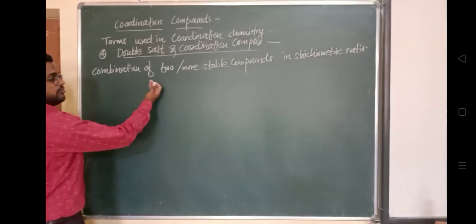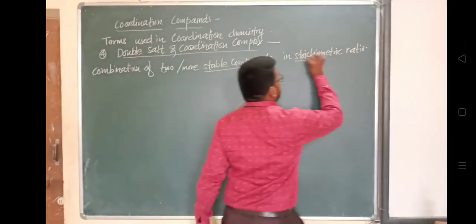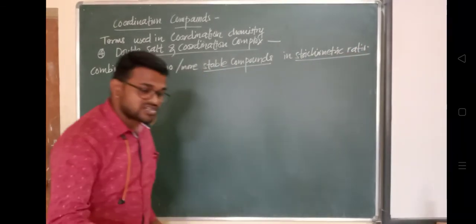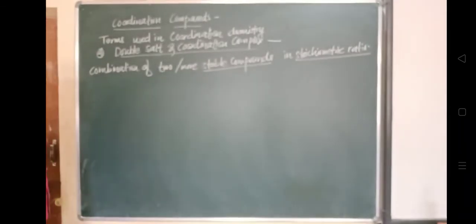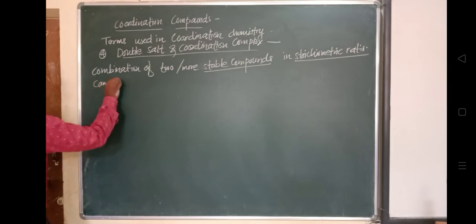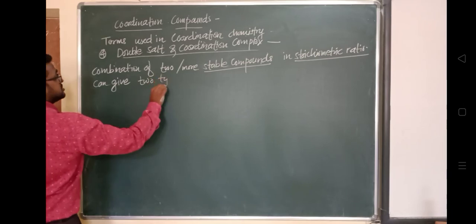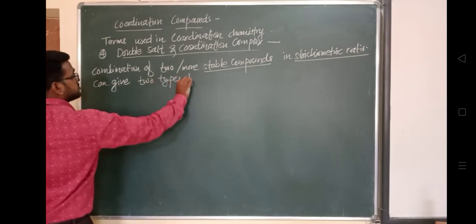These are the 2 types of substances we get when there is a combination of 2 or more than 2 stable compounds. So the important words here are stable compounds and the stoichiometric ratio in their combination; then the double salt and coordination compound will form.